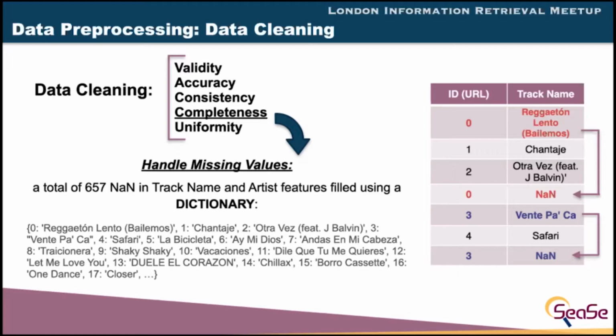Since this data was already present in our dataset, as you can see in the table on the side, we decided to handle the missing values and fill them by creating a dictionary, where we have used the univocal ID of the song as key and the song title as value. If you remember, we use as univocal ID the URL encoded as an enumerated type. The same thing was done to fill all the rows containing missing values in the artist column.